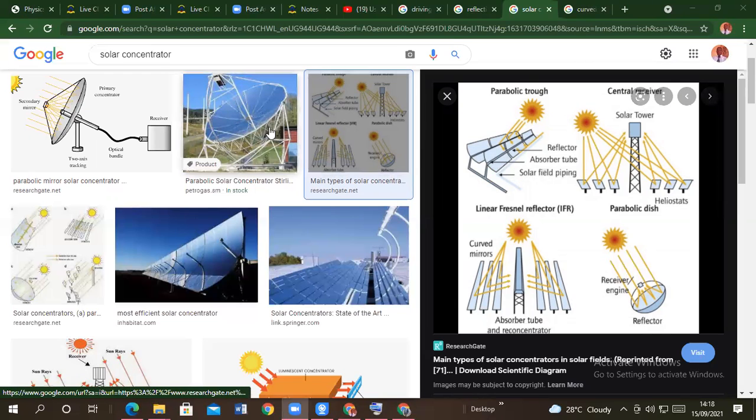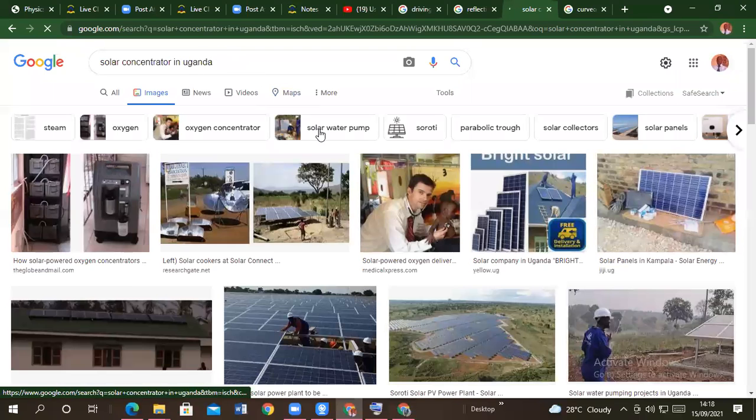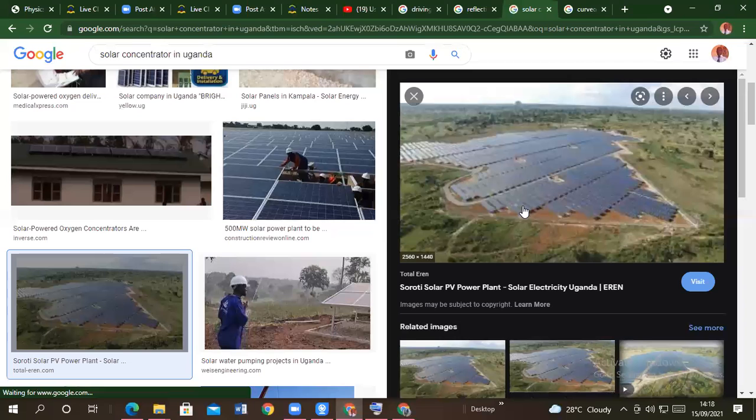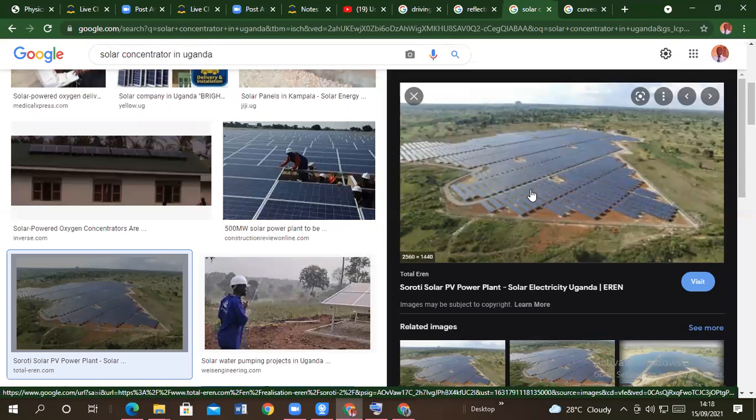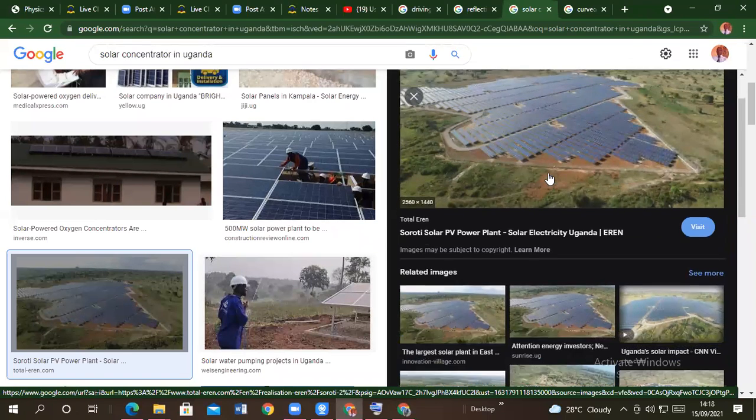Now we have solar concentrators in Uganda. If you don't know where they are, let me show you. They are in Tororo, and one day you will get there. So this is part of the solar concentrator plant in Soroti, as you are seeing. One day you go and visit and see how those solar concentrators are.